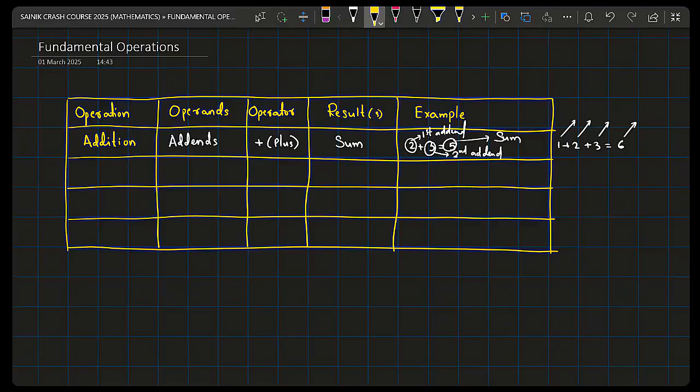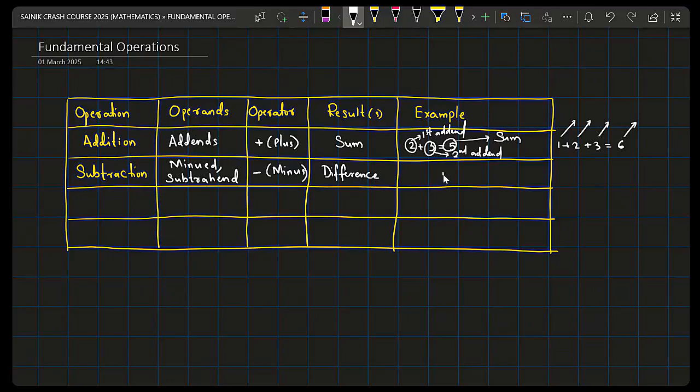Next, subtraction. In subtraction operation, the operands are called minuend and subtrahend. The operator used for subtraction is minus, and the result of subtraction we call difference.